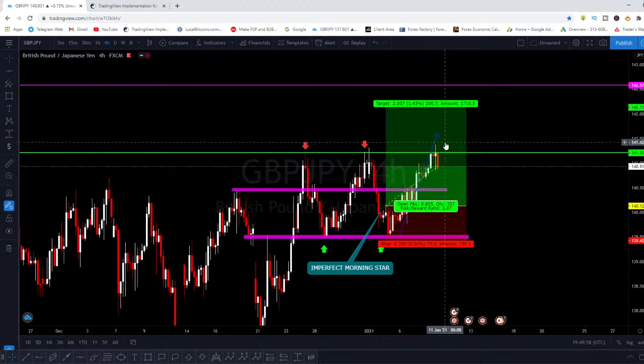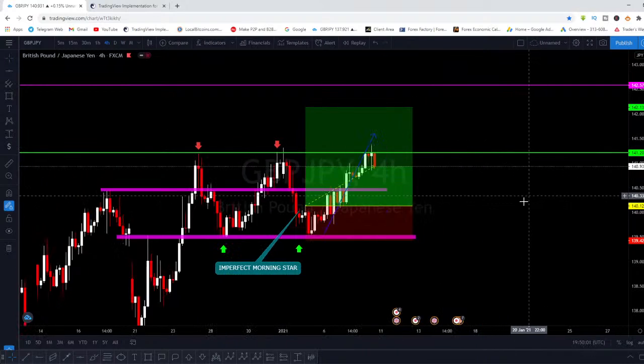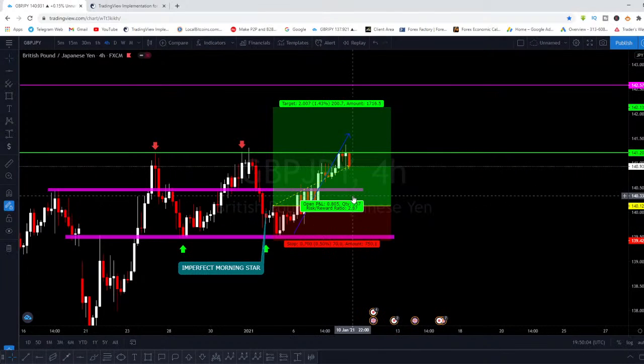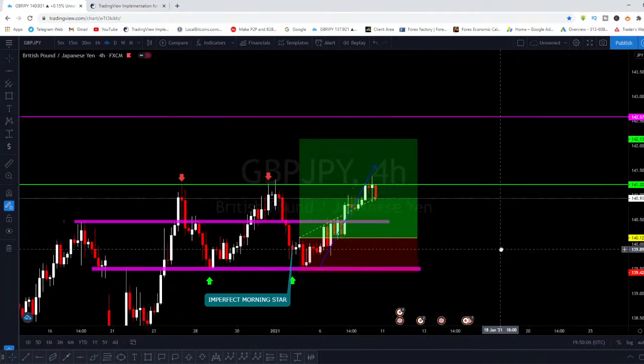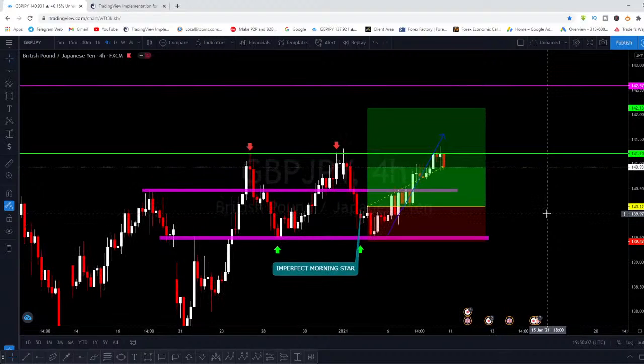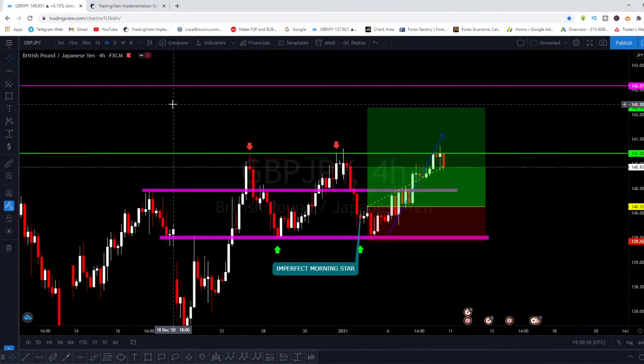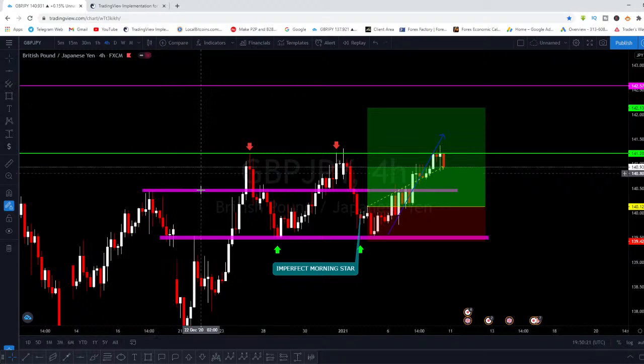But right now, it's trying to come back down for a retracement again to retest this level before it will start to move back up to the upside. I'll see what exactly is going to happen on GBPJPY when the market opens in about 2 hours from now, but I'm still in my buy on it.